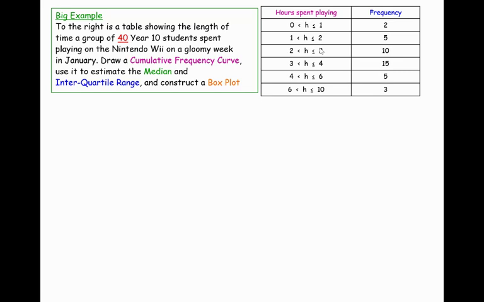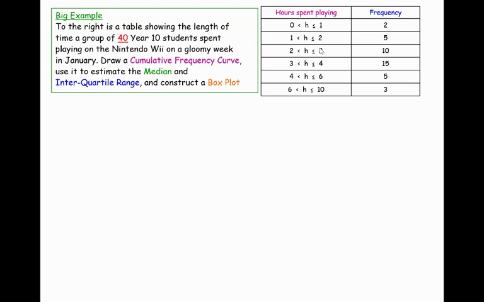If you group the data, for instance, between 0 and 1 hours, 1 and 2 hours, it's easier to categorize individual data under a group. It makes more logical sense and looks less clunky than writing out the individual time each student spent playing Nintendo Wii. Does that make any sense?